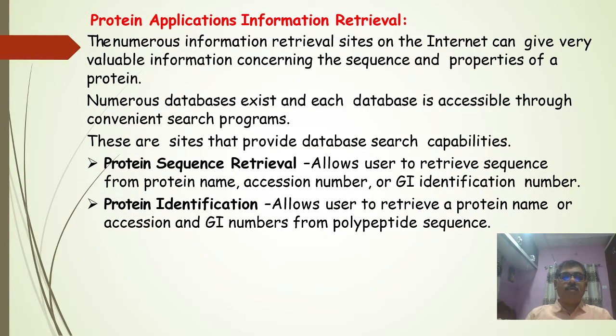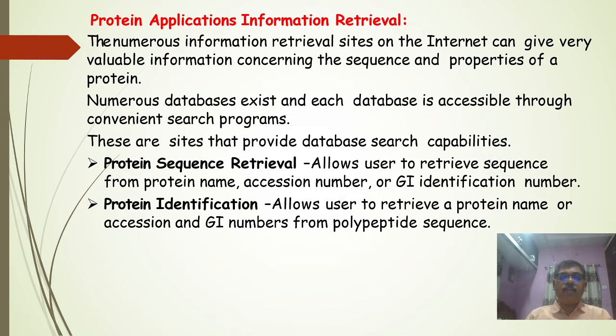Then the next one is about protein applications information retrieval. Numerous information retrieval sites on the internet can give very valuable information concerning the sequence and properties of the protein. Numerous databases exist, and each database is accessible through convenient research programs. What are these?